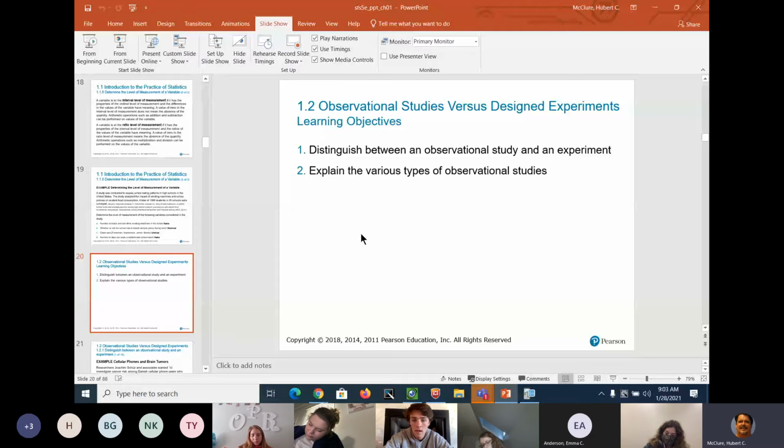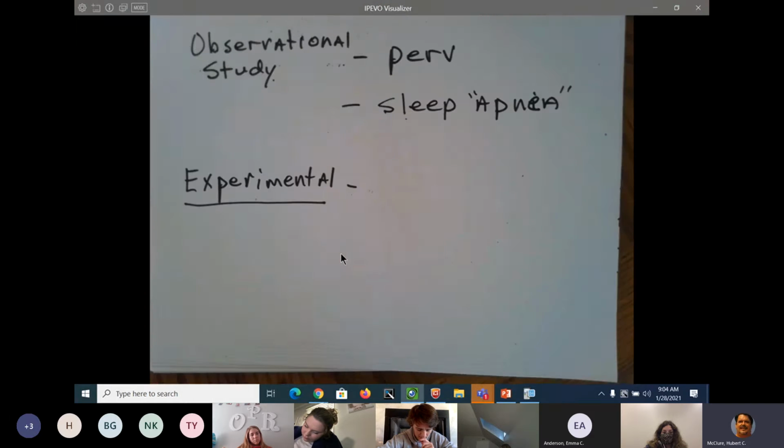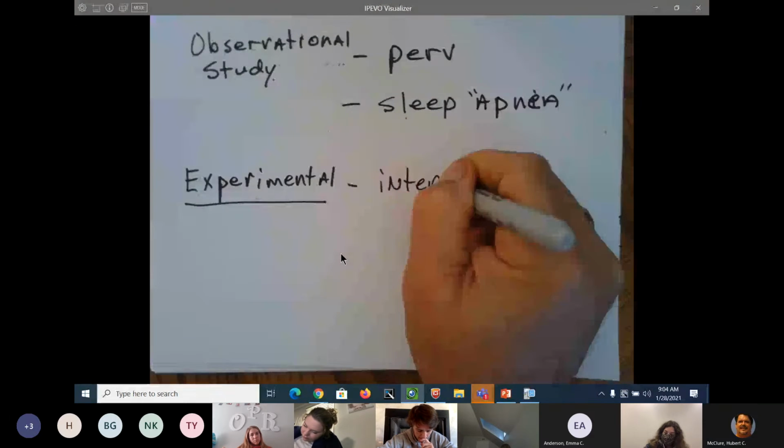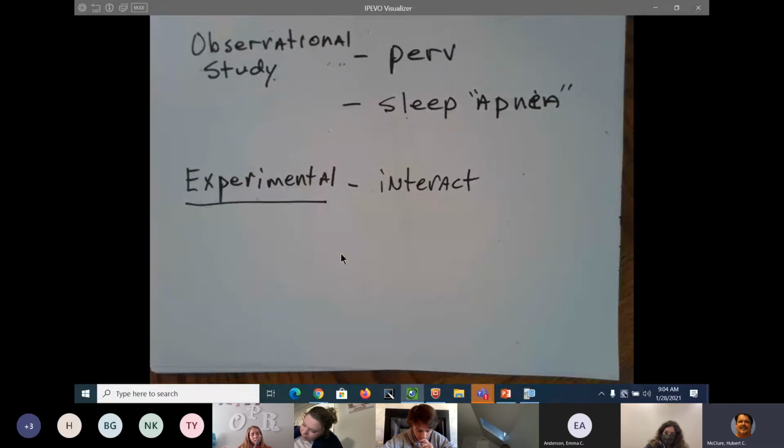A rat in a maze. If you're observing it, it's observational. If you put a block of cheese in the maze, then it's an experiment. So experiment is when you actually interject, or interact, or put something into it.